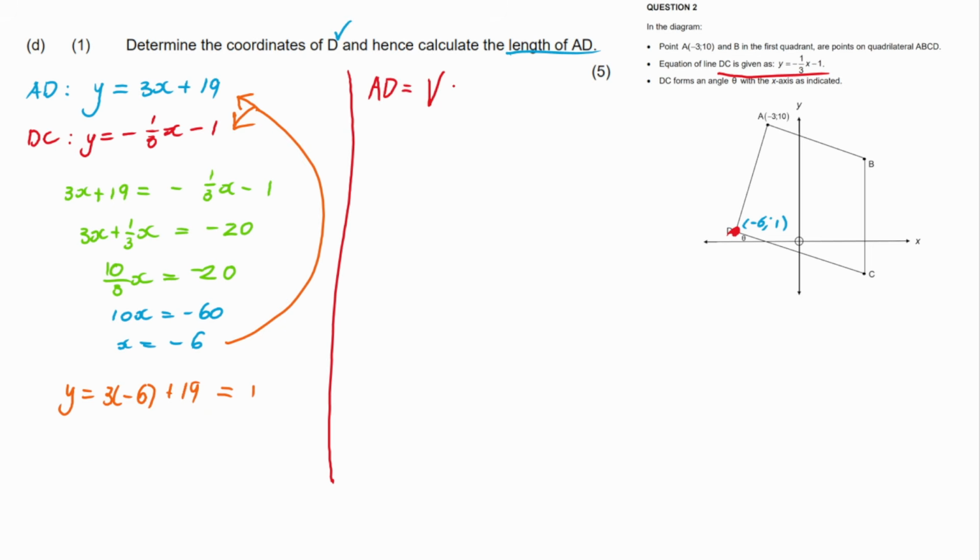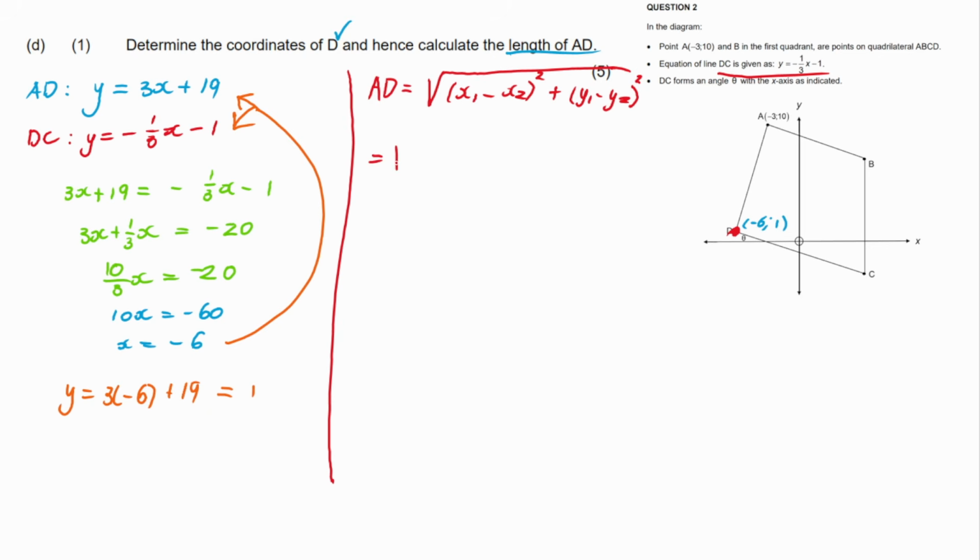Let me write out the full distance formula for us: the square root of x2 minus x1 squared plus y2 minus y1 squared. Let me fix this, there should be a minus in between here, and all of this is squared. Sorry, it's a bit messy.